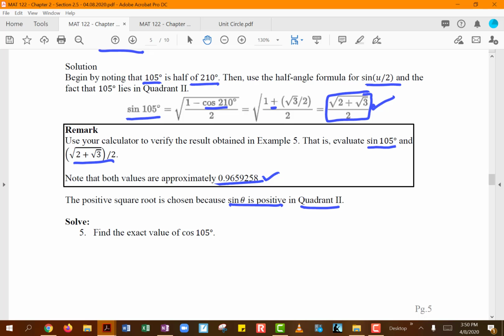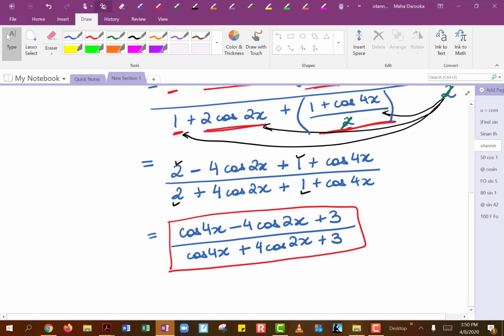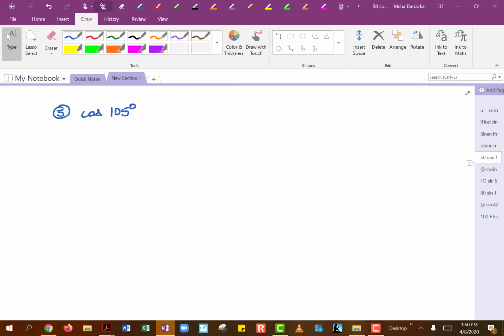Okay, now we are asked to find the exact value for cosine of 105 degrees, and again 105 degrees is a quadrant 2 angle, which means our cosine is going to be a negative answer, right? Because cosine is negative in quadrant 2. So let's take a look at how we can simplify this.